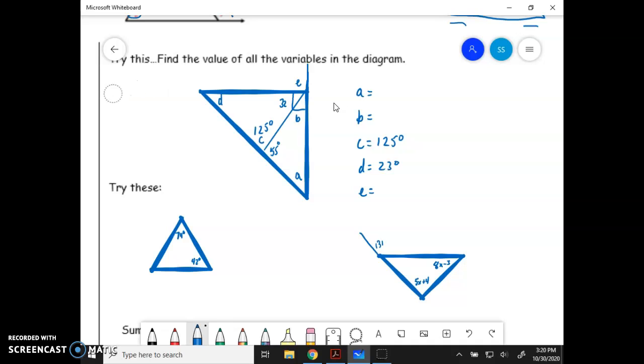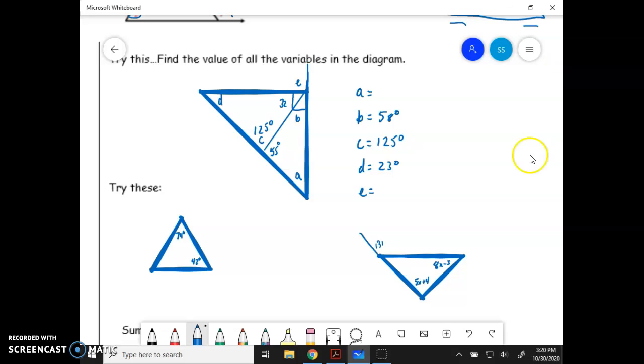How do I figure out B? Well, this box here means 90 degrees. So if I do 90 minus 32, I'm left with 58. There's my measure of B.